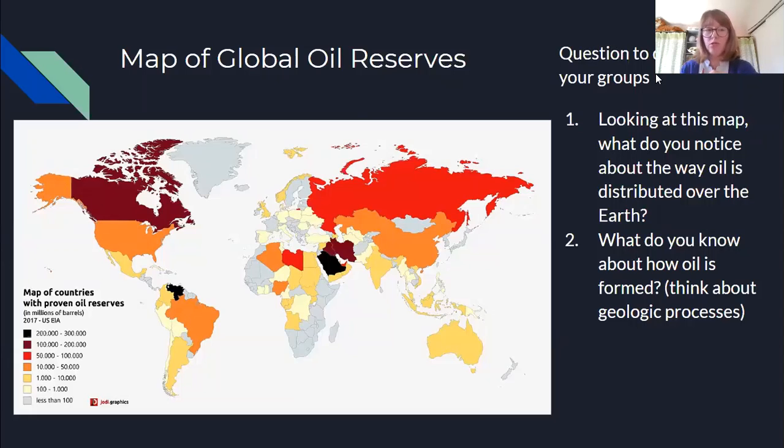What I'm going to have you do, just for a couple minutes, is discuss in your private chat window with Lexi, Clarabelle, and Sarah. Look at this map and see what you noticed about the way oil is distributed over the earth, over the continents specifically. It doesn't show ocean reserves. Then for question 2, what do you know from last class, or in this case just your own prior knowledge, about how oil is formed? What's the geologic process? What processes go into creating oil? I'm going to give you exactly 1 minute, and then I'll have you come back in and I'll ask someone to share.